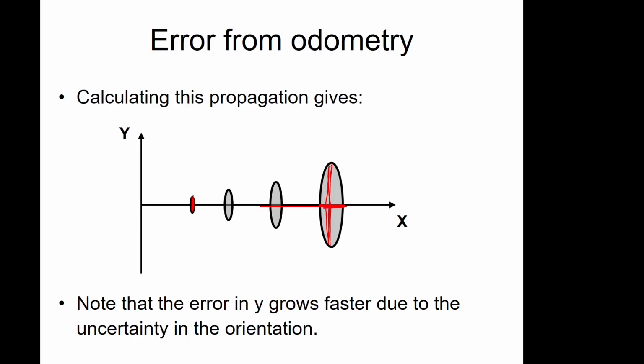But a bigger problem is your rotational error. Because you're getting a rotational error in your robot, that then leads to an error in your Y coordinate, or your Y displacement of the robot. So this is why we have to use sensor data to help reduce these errors in the odometry and try to minimize them as we move forward.